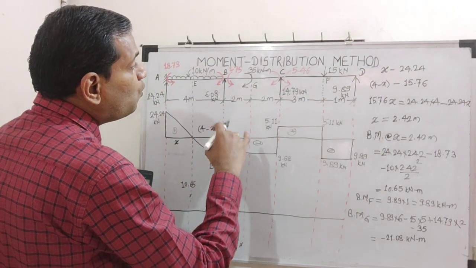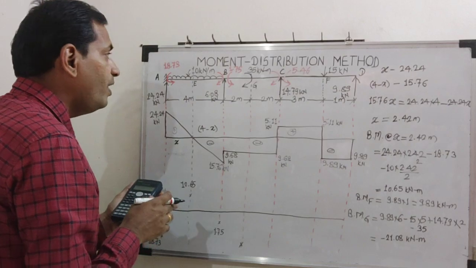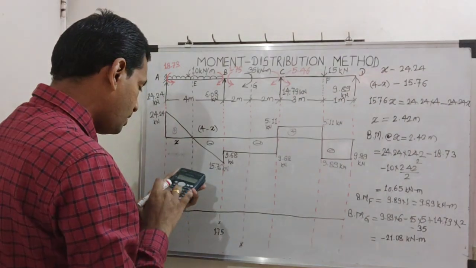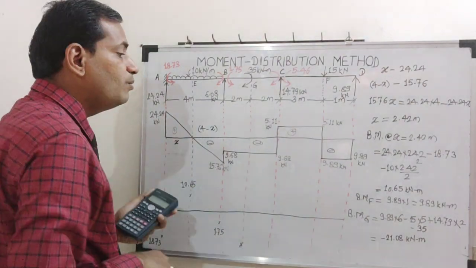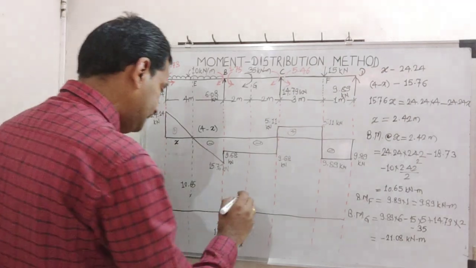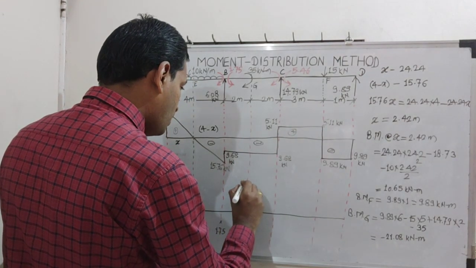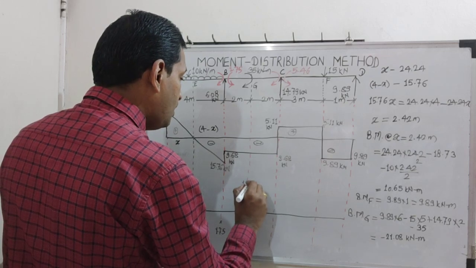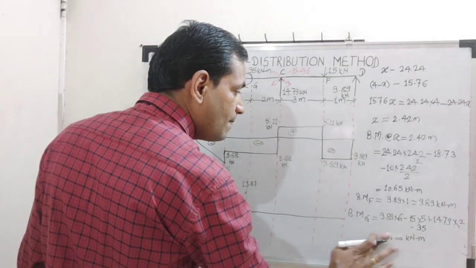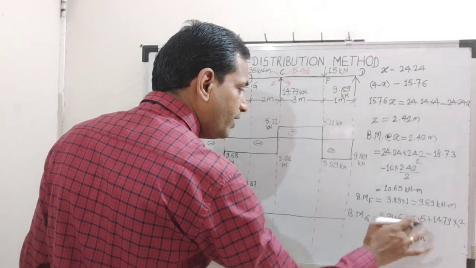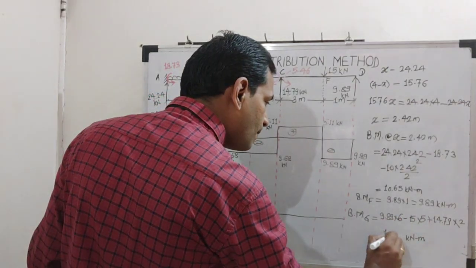And if I just go to the right hand side, minus 21.13 plus 35, I'll get 13.87. So it is here, 13.87. So this minus 35 need not be considered.